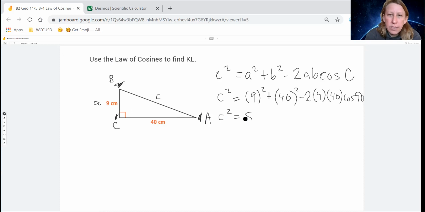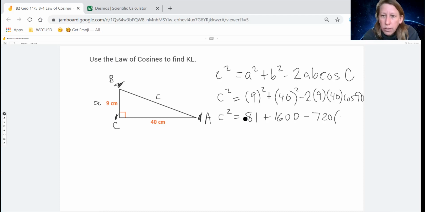So 9 times 9 is 81. 4 times 4 is 16. So 40 times 40 is 1600. 2 times 9 times 40 is 720.